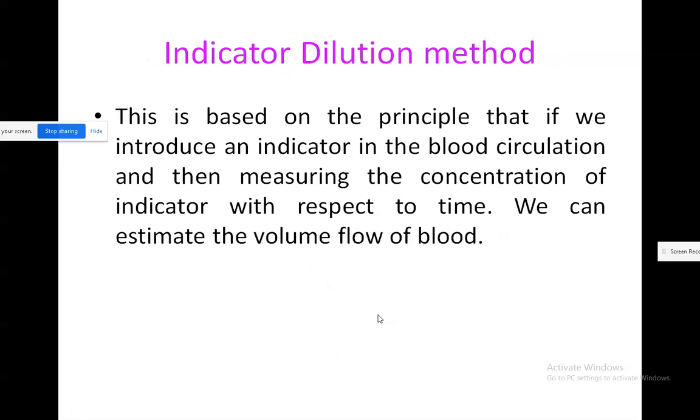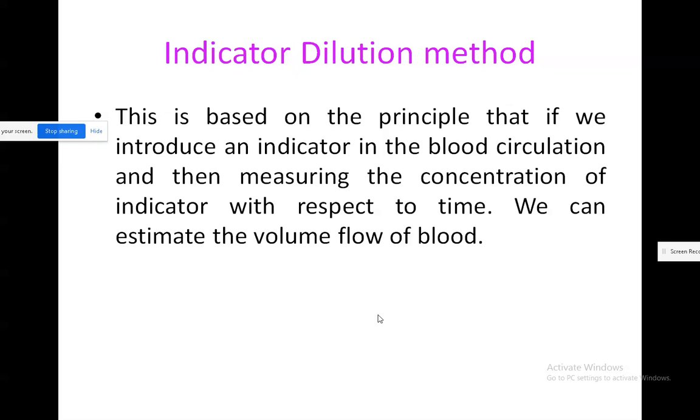Next method, indicator dilution method. This is based on the principle that if we introduce an indicator. What is an indicator? Here we are going to introduce an indicator in the blood circulation of the heart. So what is an indicator in chemistry?